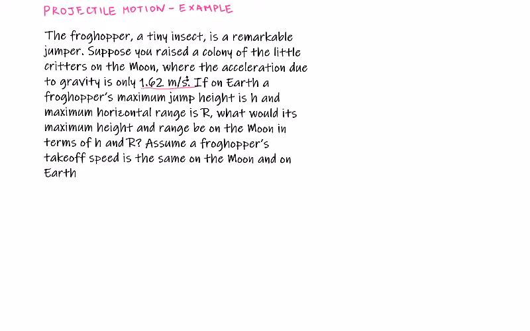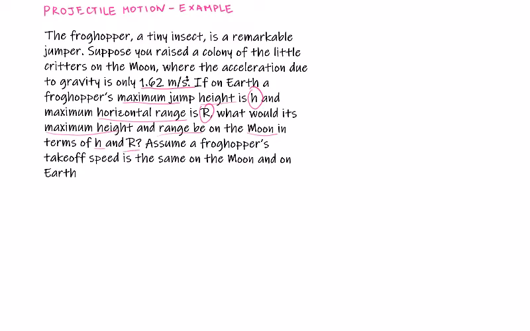If on Earth, a frog hopper's maximum jump height is h and the maximum horizontal range is r, what would its maximum height and range be on the moon in terms of h and r?